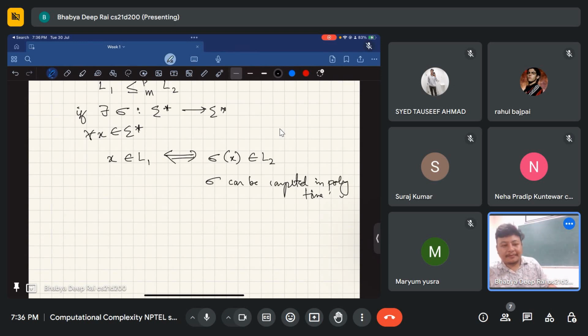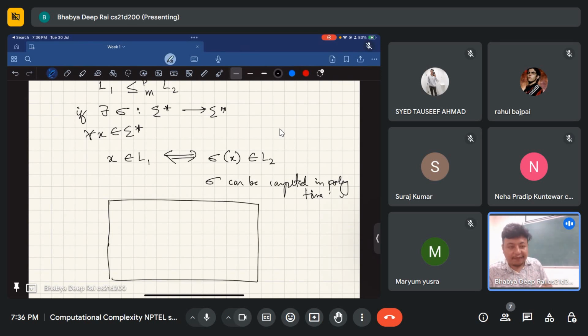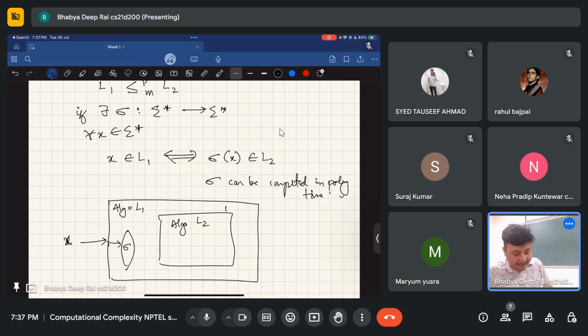A nice way to see it is if I want to come up with one algorithm using another algorithm. Here is an algorithm for L1, and it uses as a subroutine an algorithm for L2. I take the input to algorithm L1, which is an x, pass it through sigma, and then give sigma of x to algorithm 2.